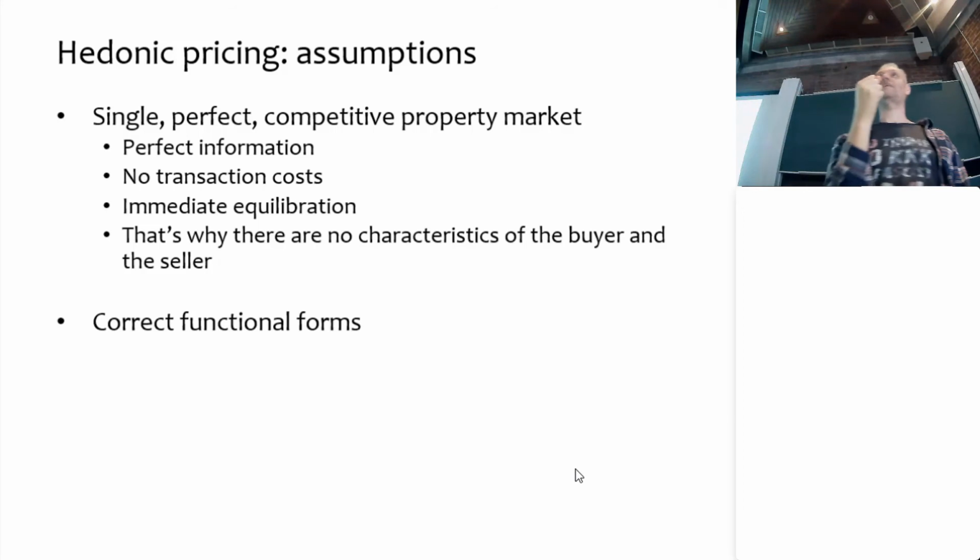You never find the characteristics of the buyer or the seller, right? And you may think that that is strange at first sight, because richer people would buy different houses than poorer people, so that should matter. But because we assume that the market is in equilibrium, that should not matter, right?